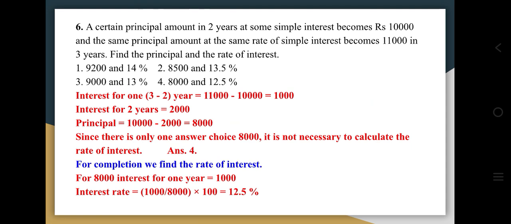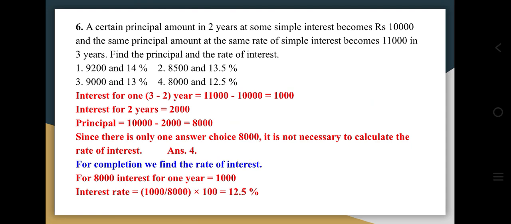In the answer choices given, we note that only choice 4 has the principal amount as 8,000. So the answer is 4.